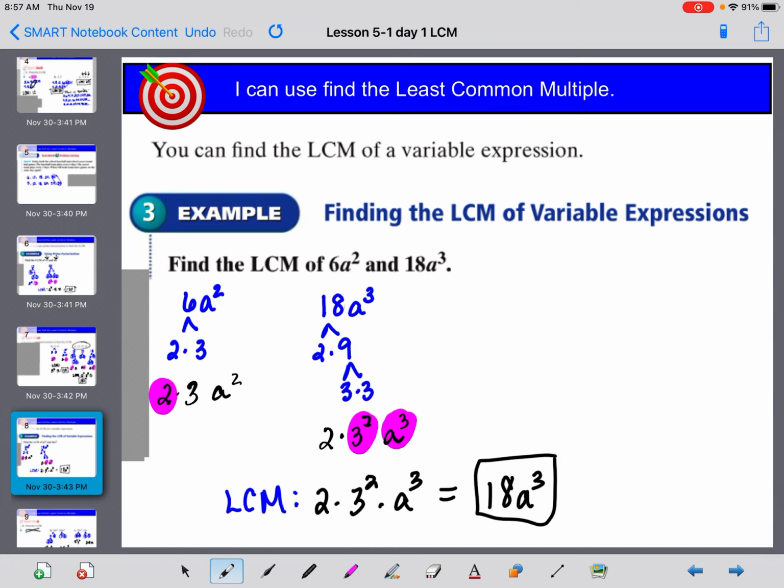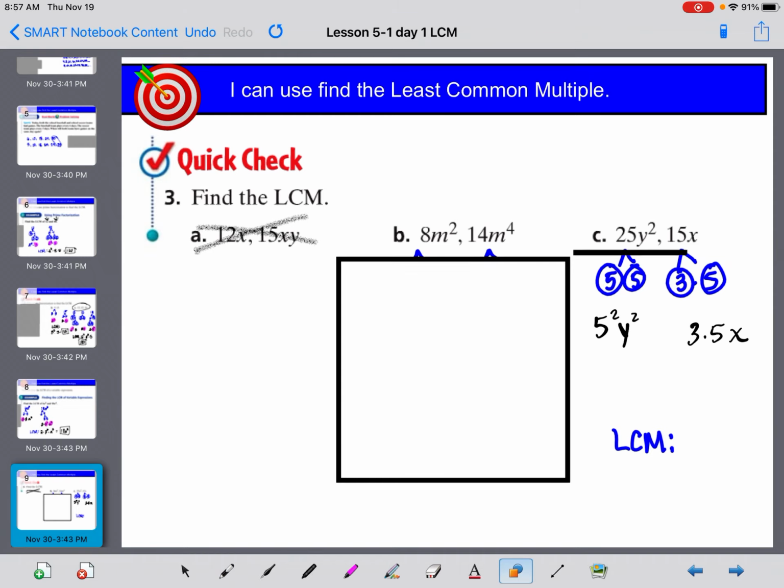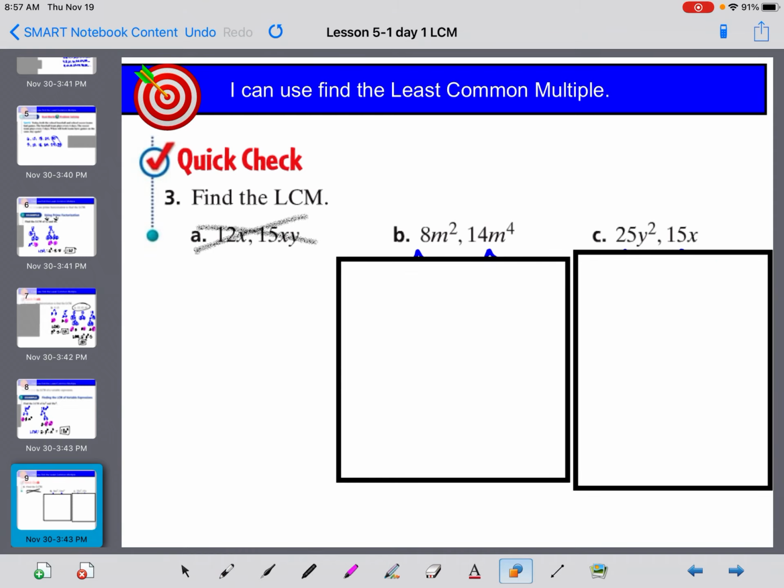See how I used and applied the biggest exponent works even to variables, because variables are numbers. Now I'd like you to pause the video and do B and C in the next box on your notes paper. Oops, looks like I didn't cover up the answer for you. There we go. Try these 2. You can cross out A, and then come on back to compare your answer to mine.